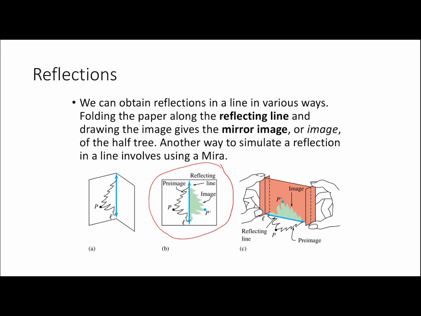Now, if you have the technology in your classroom or the tools to do this, there's a device called a mirror, like here in part C. And you can actually draw a reflection using this mirror. And without having one to show you, it's kind of hard to explain. But essentially what you do is you put that on your line of reflection, and then you trace what would be on the other side, and you're able to do your reflection. Again, hard to explain without actually having you do this yourself.